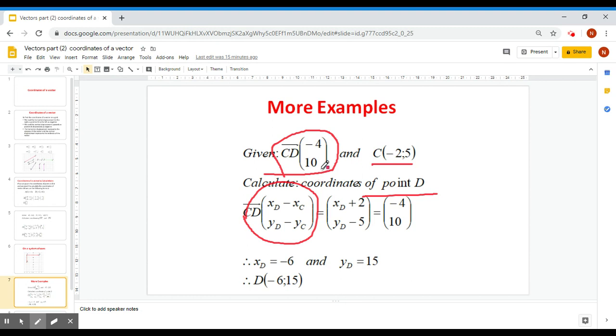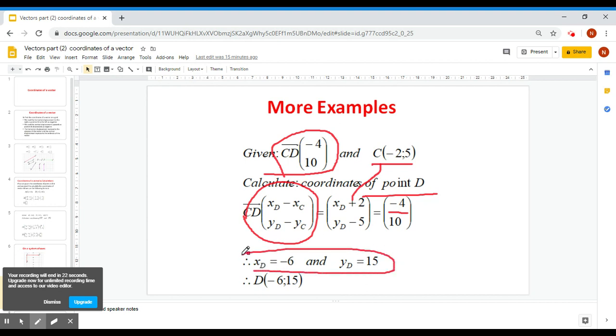Then I plug in the coordinates of C here, and x of D minus x of C will be x of D plus 2, which is equal to -4 from here, and y of D minus 5, which is the ordinate of C, equals 10. I do the calculation and I will get the coordinates of point D, which are -6 and 15.